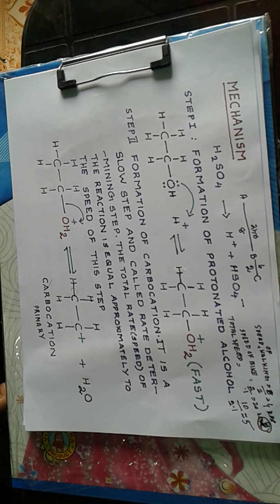So the temperature and the polarity of the medium will favor its formation. That may be the fact. Anyway, it is a fact that a primary carbocation is not formed at all under any conditions.